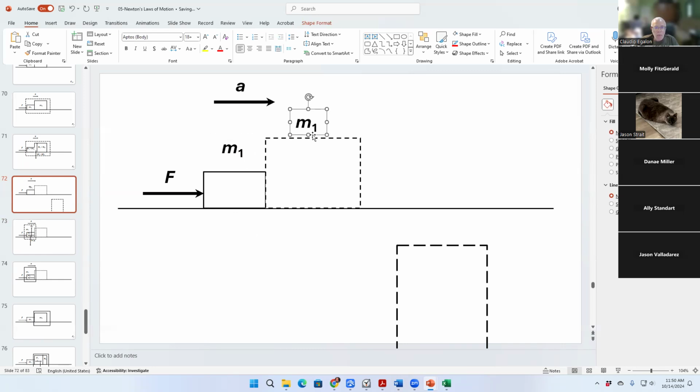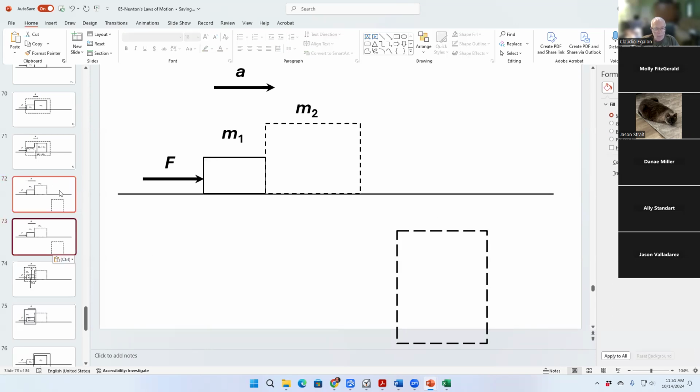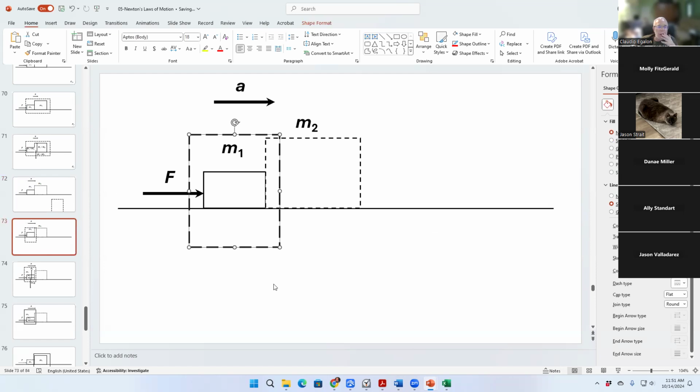This one here is M2. So here you go. I'm going to put my box around this mass, and I'm going to look at all the forces that mass number 1 is subjected to.